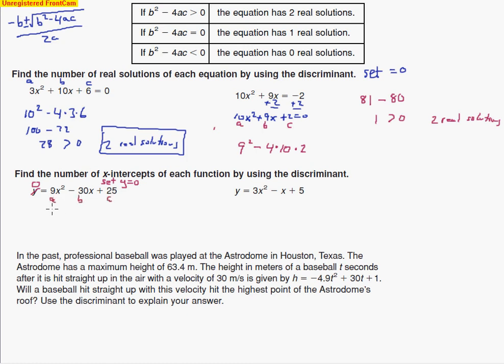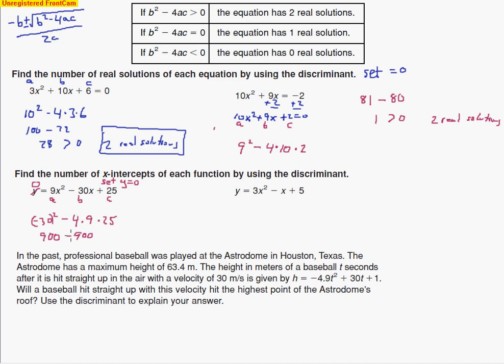And so here we have our negative 30 squared, and again, negative 30 squared is going to give us the same answer as positive 30 squared, minus 4 times a, which is 9, and c, which is 25. So this makes 900, and over here, 4 times 25 makes 100, times 9 makes another 900.